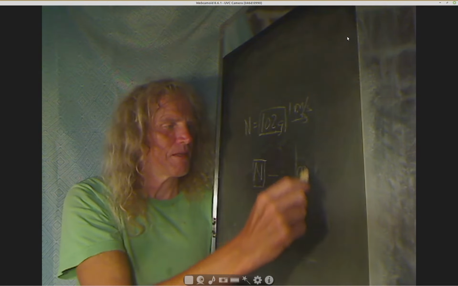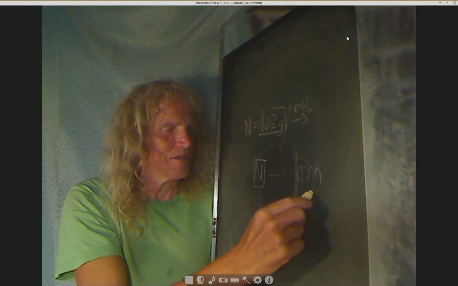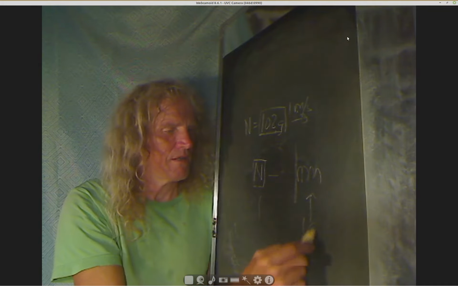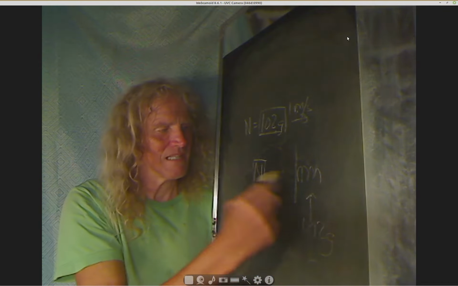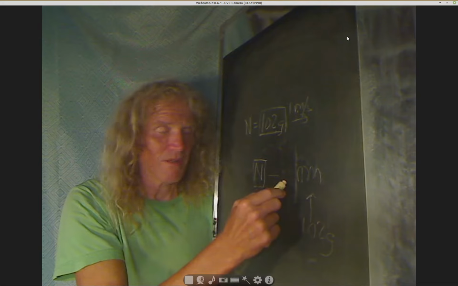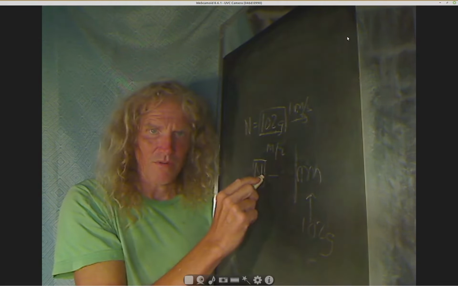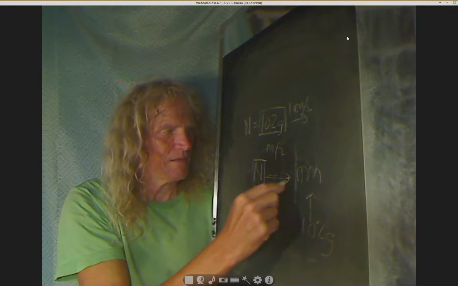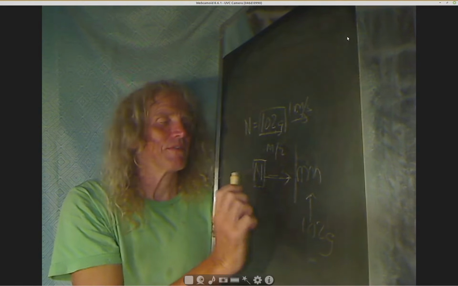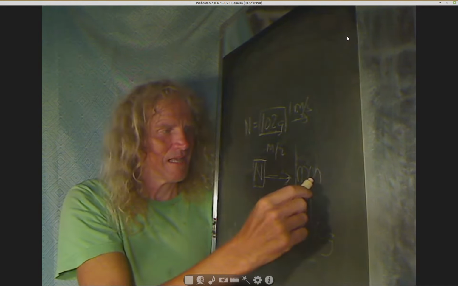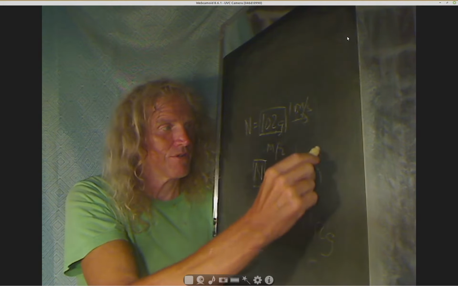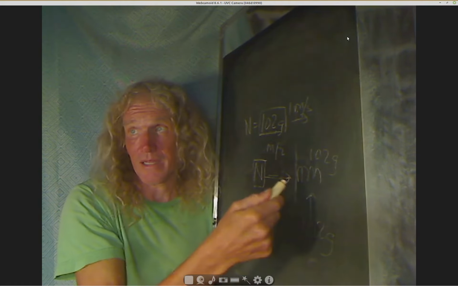We want to get the same weight, we want this to weigh 102 grams when it hits. Well, then we would move it at 1 meter per second. So if we move 1 newton that way and throw it 1 meter a second, it'll hit the scale and read 102 grams. That's the idea.